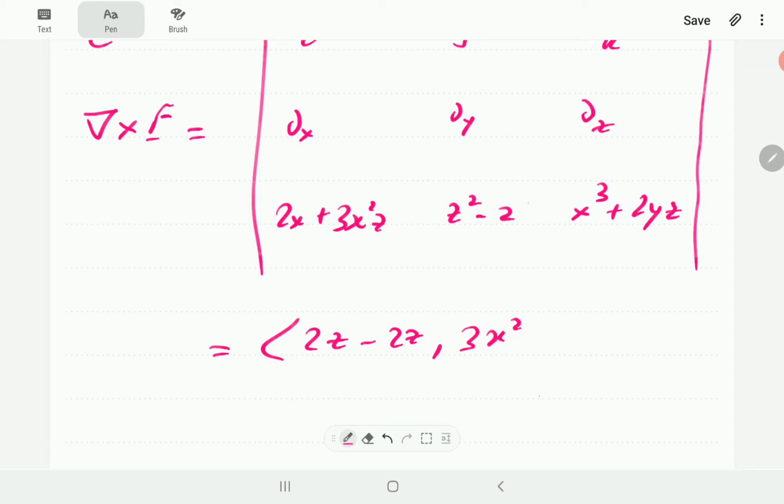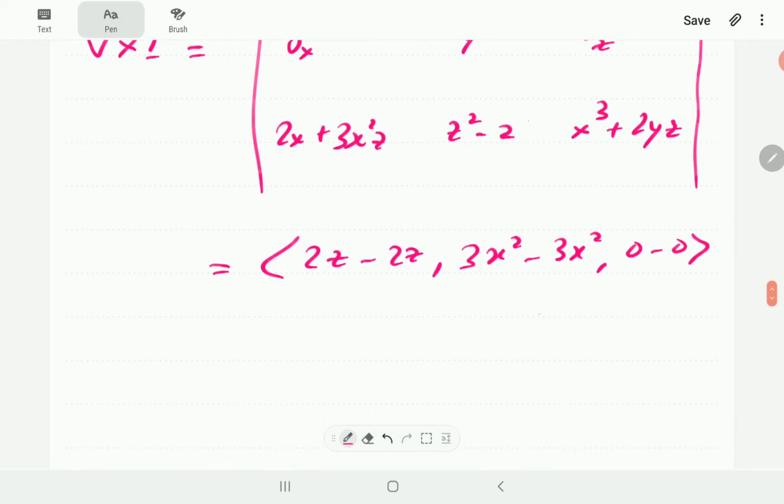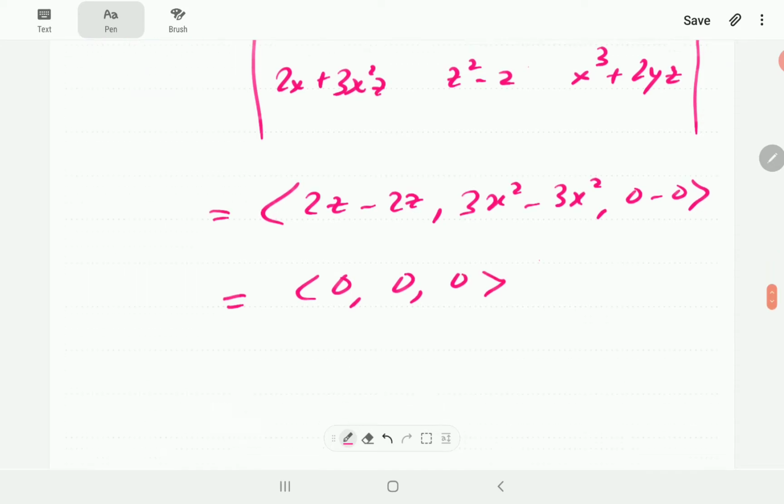Then the partial derivative of this with respect to x again is going to be 3x squared. Then lastly, the partial derivative of this with respect to x, which is 0, and the partial derivative of this one with respect to y is 0 as well. So this is giving us 0 in the i component, 0 in the j component, 0 in the k component.